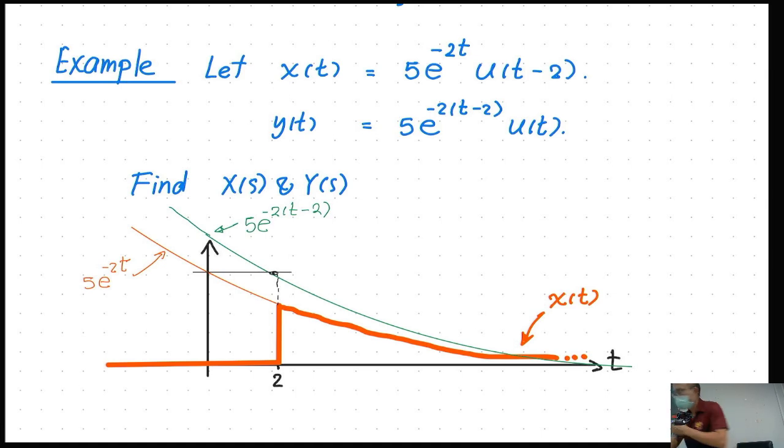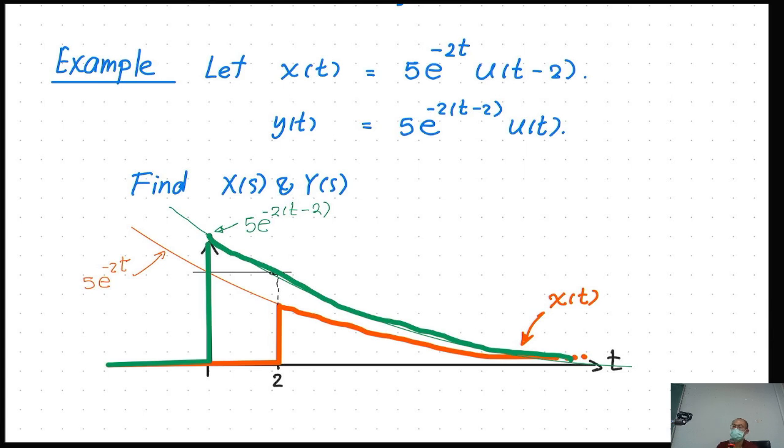But then we have to multiply by u(t), so it should start at time 0. So the function y would be the green one, and it would look like this. This is y.